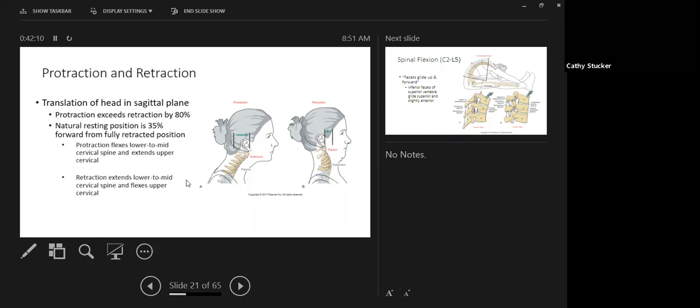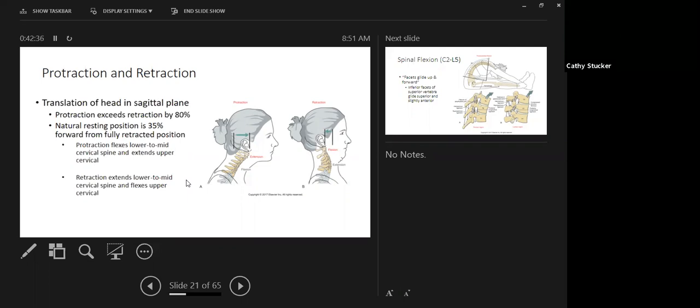When you protract, what actually occurs is an excessive extension at the upper cervical, but you get flexion at the lower cervical. So you're extending at the upper cervical, which makes those little muscles, the craniocervical muscles, very short and tight.